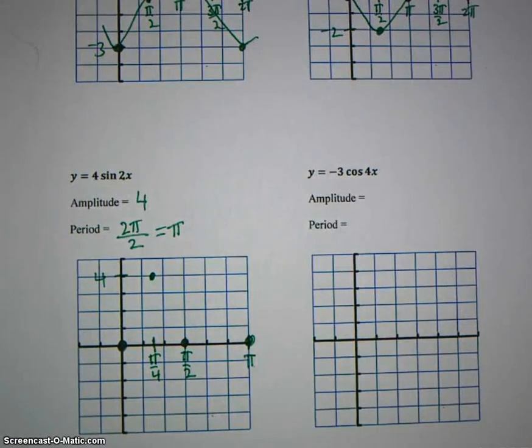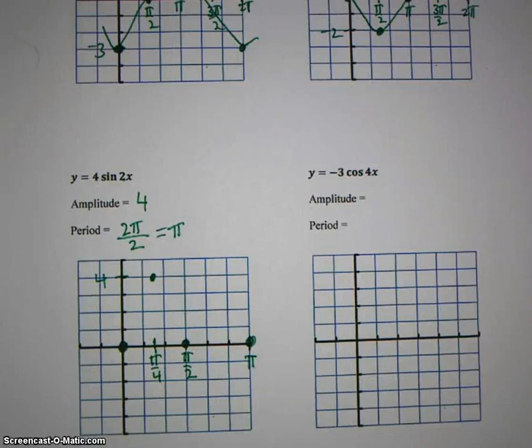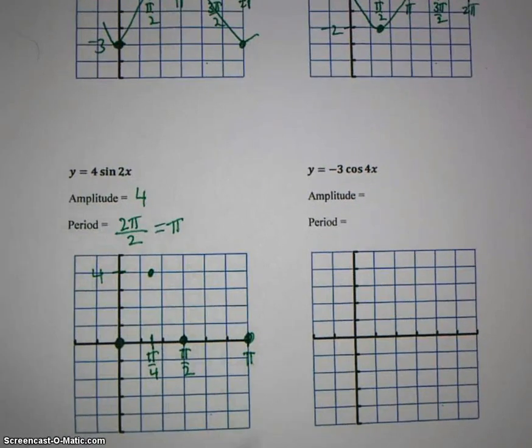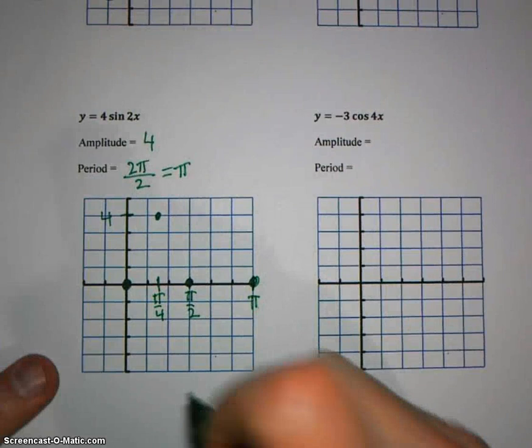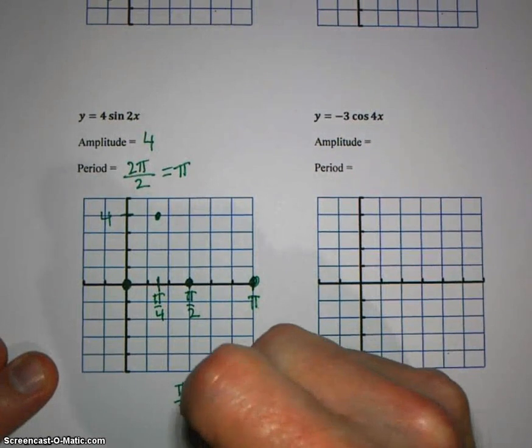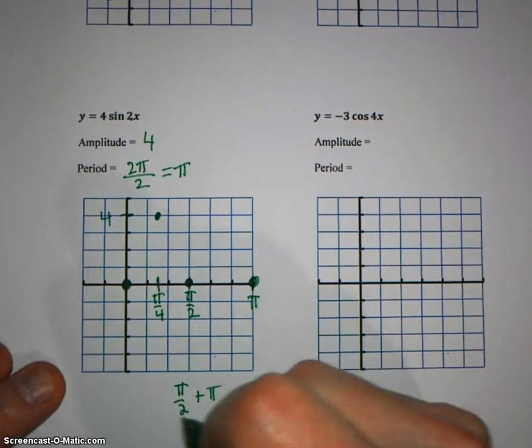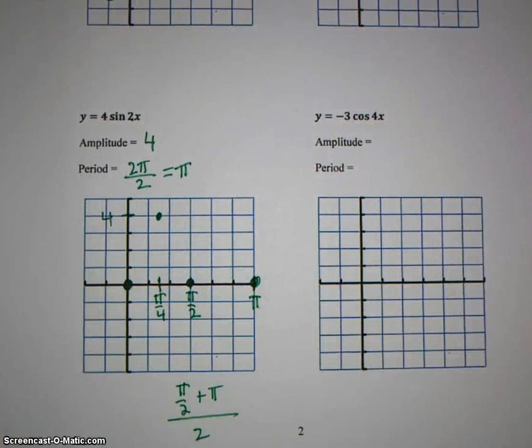And then this is the hardest one. What's halfway between pi over 2 and pi? Well, to figure that out, what you really have to do is take pi over 2 plus pi and then divide it by 2. But here's the easy way to do that on your calculator. If you type this in on your calculator, it's not going to give you a good answer because of that pi.